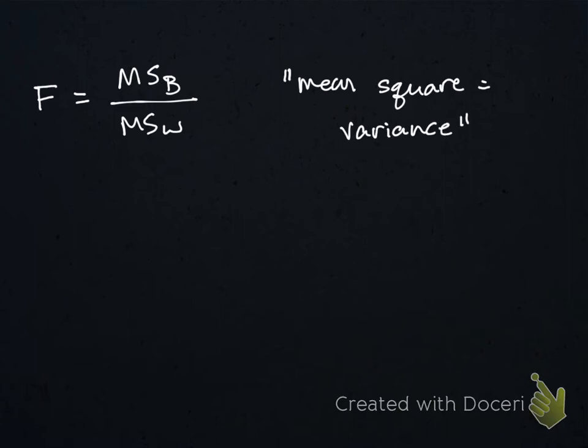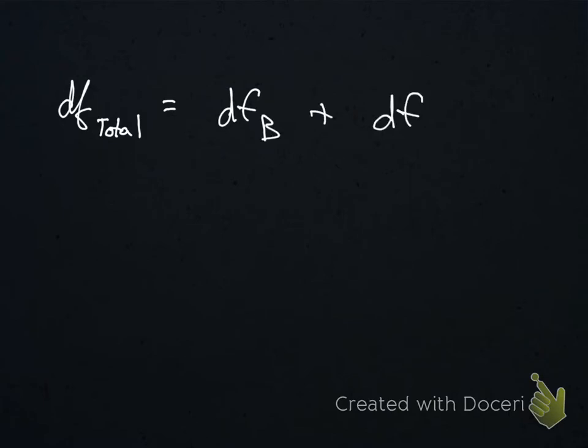And I can demonstrate that a little bit further for you because, as we said, each variance is going to come with two components. So our degrees of freedom can also be broken into component parts. It's a lot more straightforward to break down the degrees of freedom than the sum of squares. So you can imagine that we have the degrees of freedom total, and that's going to break down into the degrees of freedom between plus the degrees of freedom within.